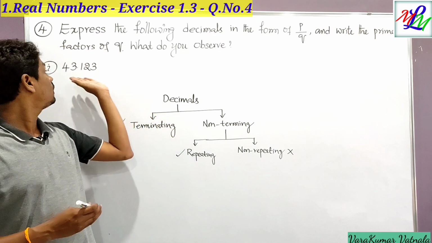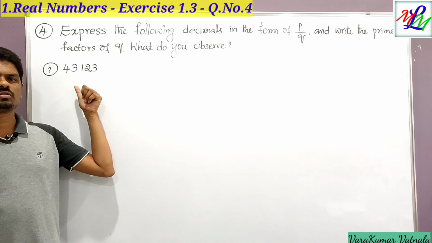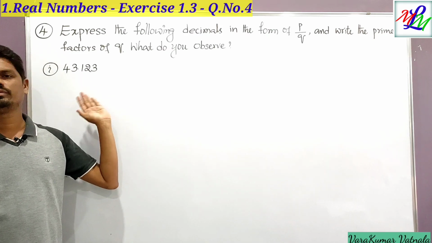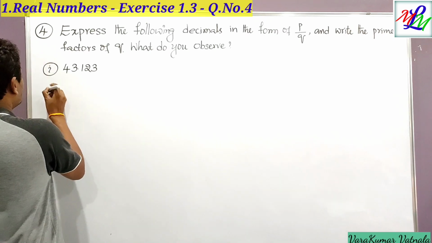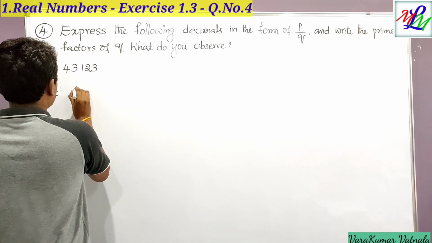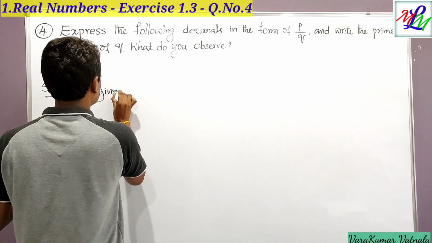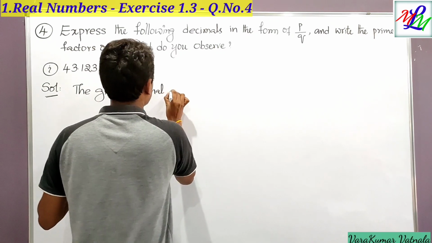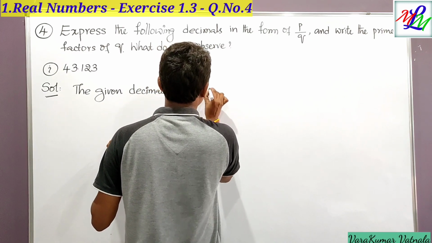Remember that only rational numbers can be converted into p by q form. First we solve the first bit, 43.123. We have to convert it into p by q form, then write the prime factors of q. The given decimal is 43.123.